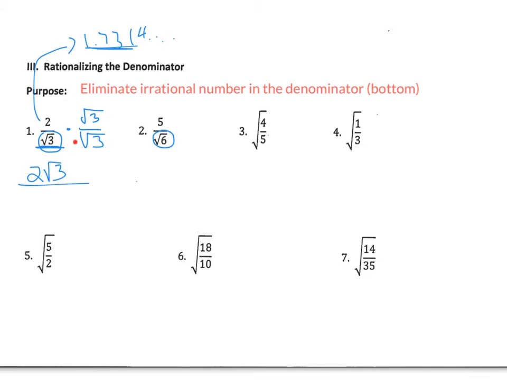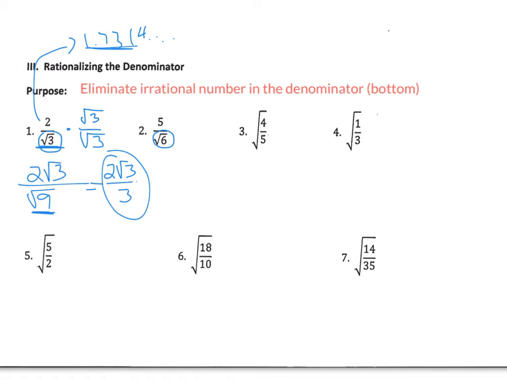If I multiply these by my product property, since both of these are in the square root, I can say this is the square root of 3 times 3, which gives me the square root of 9. Now you can see the whole purpose: the square root of 9 is a perfect square. 3 squared is 9, so that's 3. So you get 2 root 3 over 3.